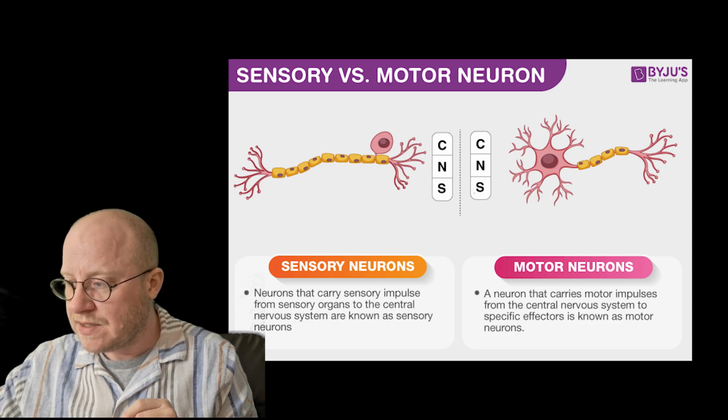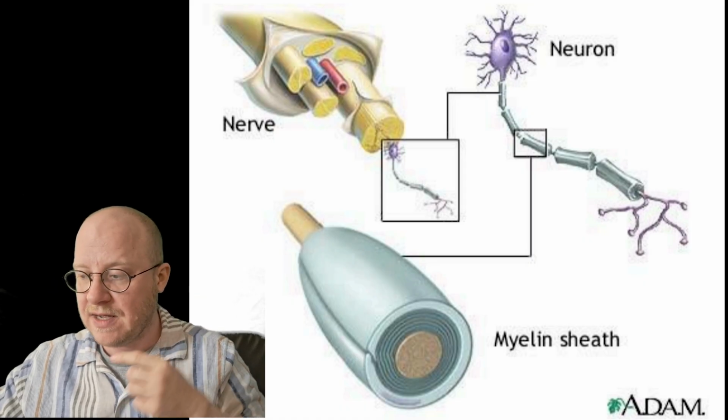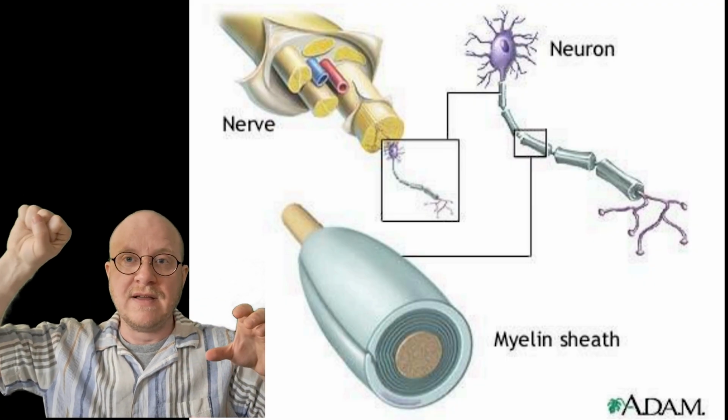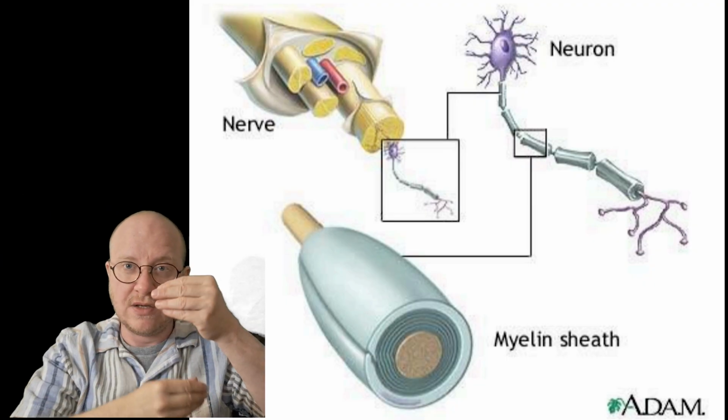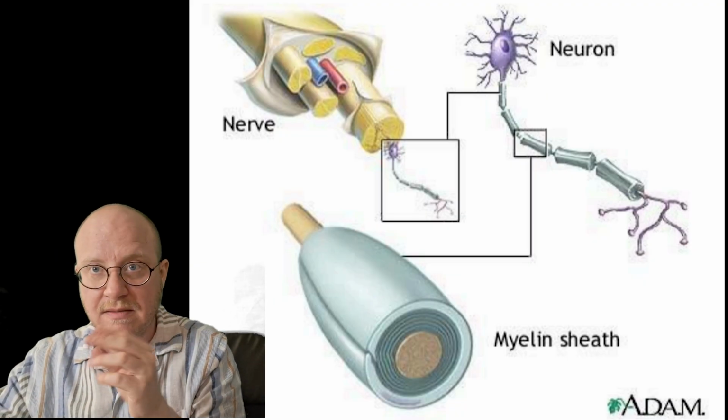However, a nerve is the term used for a bundle of neurons surrounded by a protective sheath. A sheath is like a covering. Like you put a knife into a sheath to hold it. Sheath is like a cover.